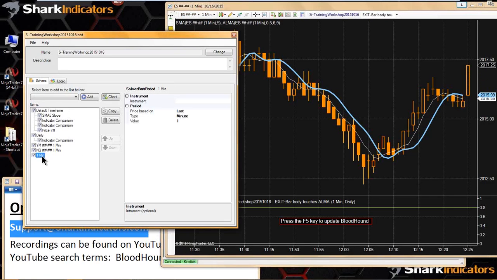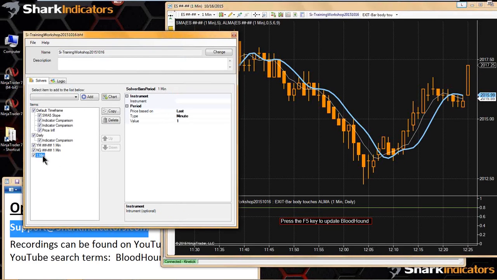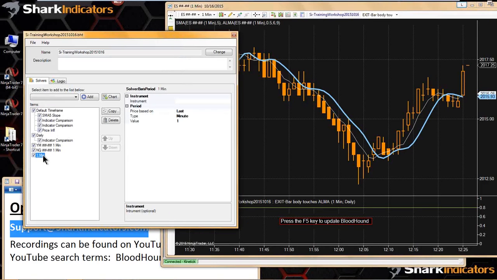Since there's no instrument selected, this 1 minute chart is going to go to the ES, so the chart itself is an ES. The default time frame and this 1 minute chart that I added are one and the same.